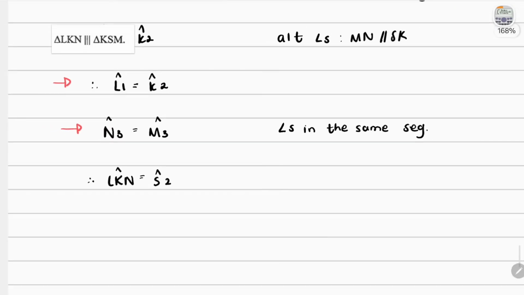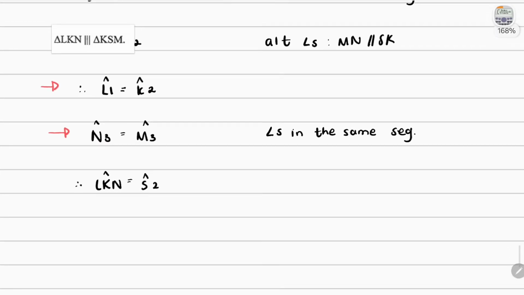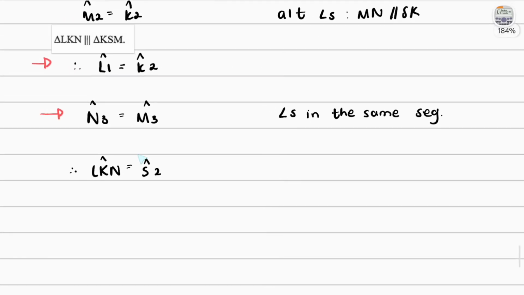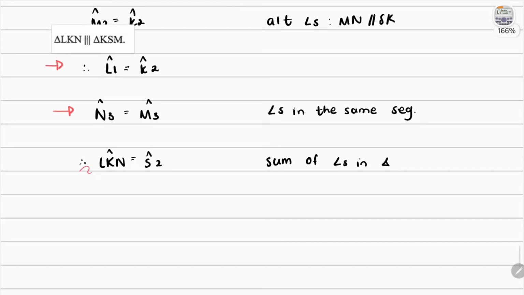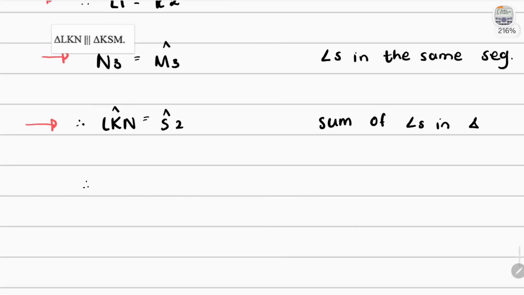And your reason here can either be third angle in a triangle, or the sum of angles in a triangle, because they should add up to 180 degrees. So by default, they are equal. Okay, so with these three angles being equal in each triangle, this finally concludes that triangle LKN is indeed similar to triangle KSM.